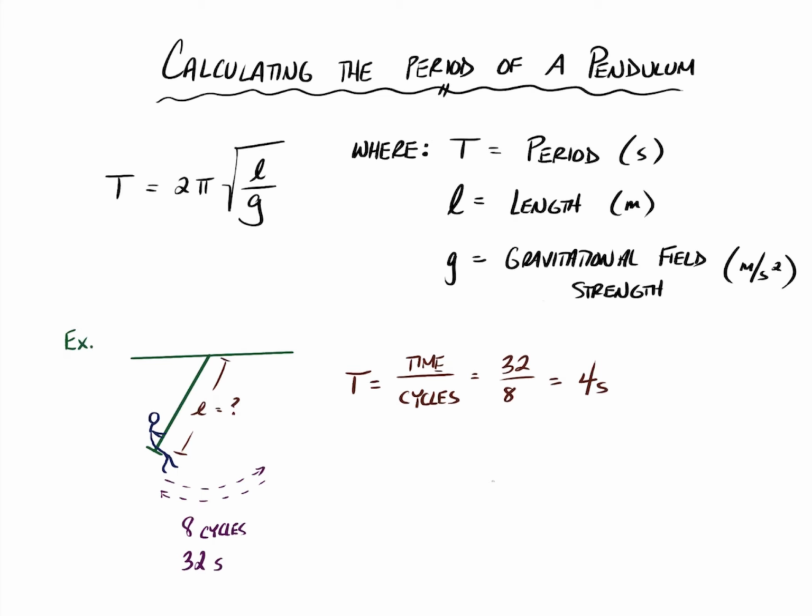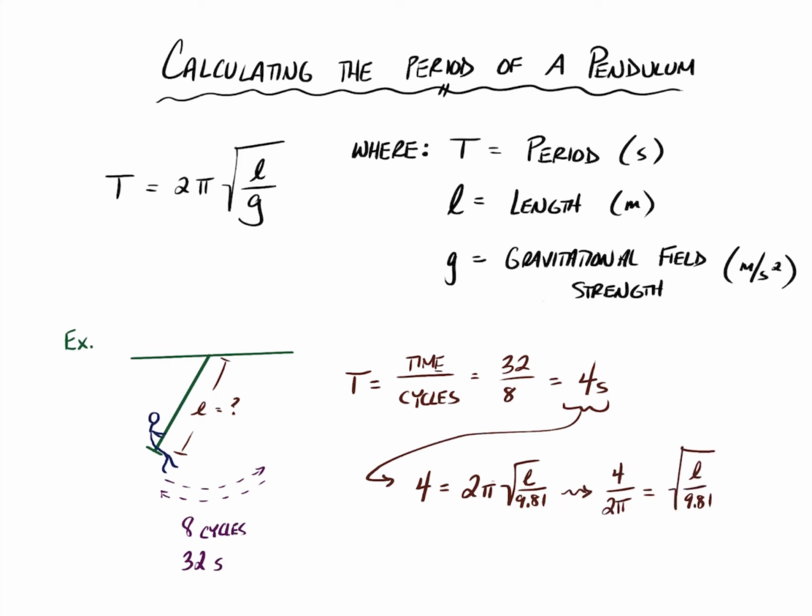Now that I know the period, I can use my pendulum equation. The period is 4 seconds, 2 pi is a constant, L is unknown, and this is Earth, we'll assume, so 9.81 is our acceleration due to gravity. If I divide both sides by 2 pi, that should be equal to the square root of L over 9.81.